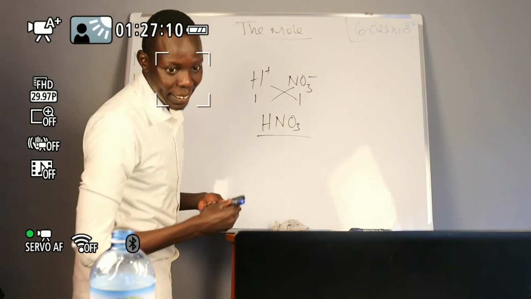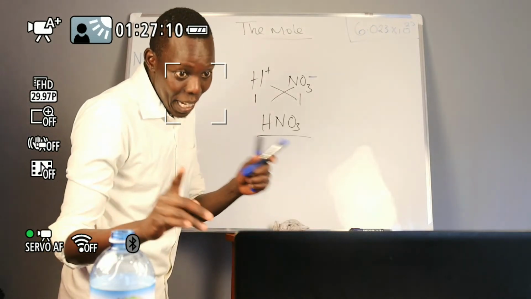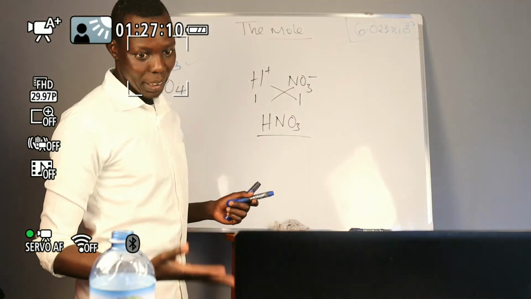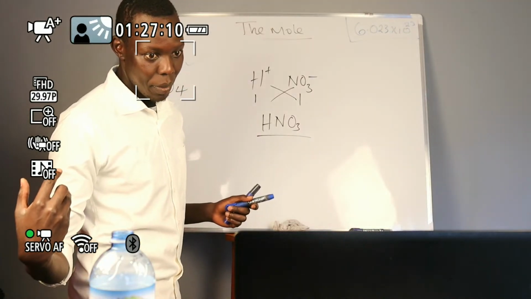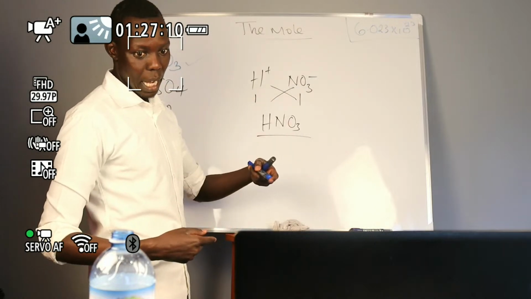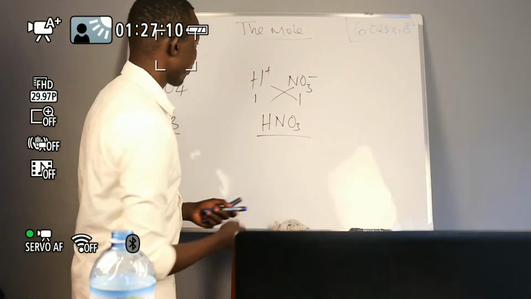Let me correct something. I know some of you are following but don't want to comment. Let me make a correction on this. I was teaching a student the other day, and the mistake that student made in writing chemical formulas was this. I'm sharing it because maybe you are making that mistake.